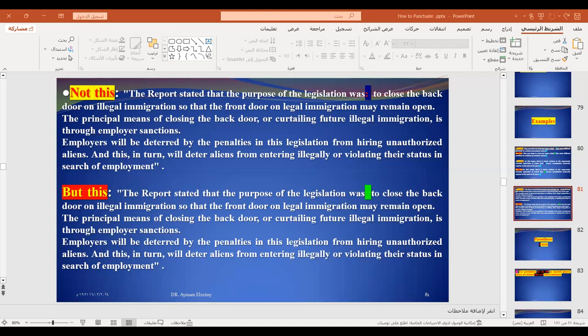In such a case, we don't put a colon after the first phrase, "The report stated that the purpose of legislation was". Why? Because such a list blends into the sentence. Don't use the colon, guys.